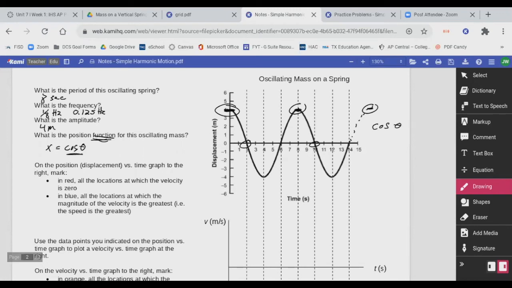Yes, we could have started this graph at the 2-second time point, and it would show that the object was in motion when we started. I guess the reason it shows it at the 4 meter mark is because it's like, hey, what if I pulled, let's say this is a spring, actually it says oscillating spring. We pulled the object 4 meters and then we let go and that put it in motion.